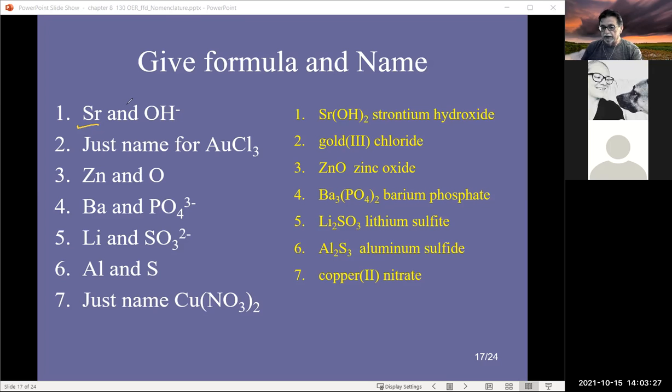So that means that it will have a +2 charge. It becomes ionic, which means that since the hydroxides are each -1, I need parentheses, and guess what? I need 2 of them. So my formula is Sr(OH) subscript 2. And the name is strontium hydroxide.